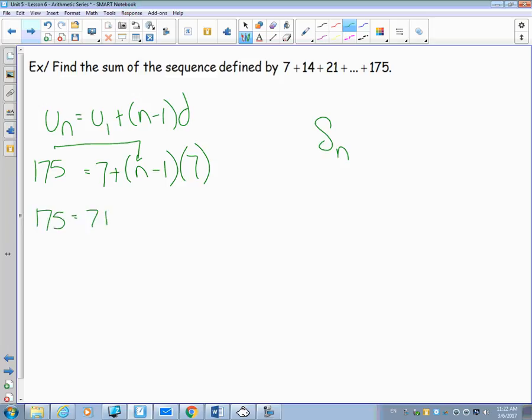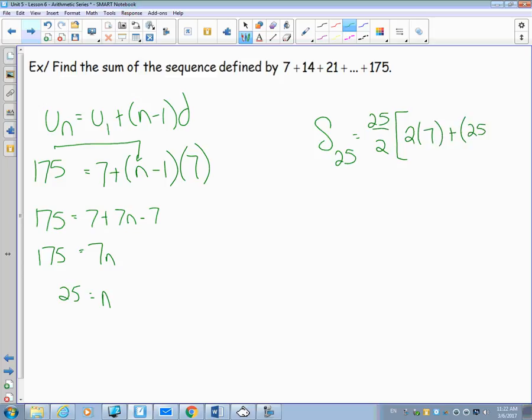So I have to solve this. We're going to expand our brackets. This is kind of nice, so the 7s cancel each other out. And then solve for n. And n comes out to 25. There's 25 terms in the sequence. Well, now that I know that, I can find the sum of those 25 terms using our new equation. 25 over 2, 2 times the first term, plus 25 minus 1 times our difference.